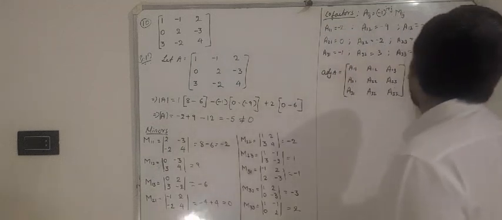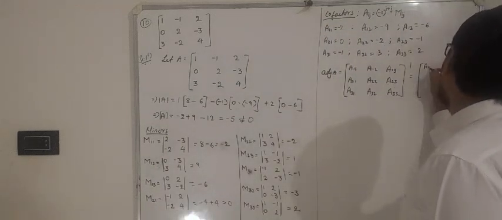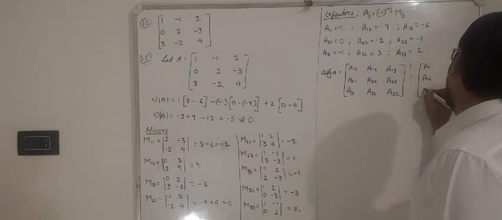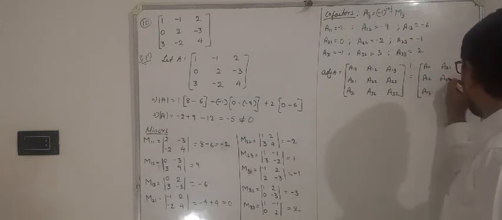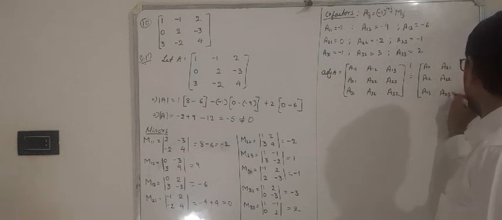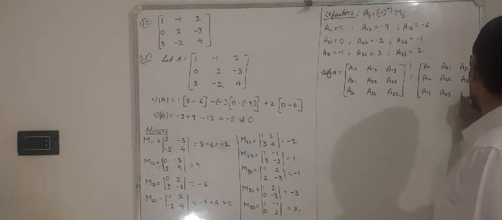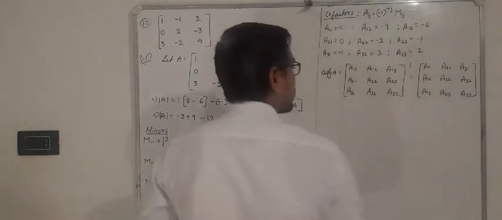So it is nothing but A11, A12, A13, A21, A22, A23, A31, A32, A33. So we got the value of adjoint A.